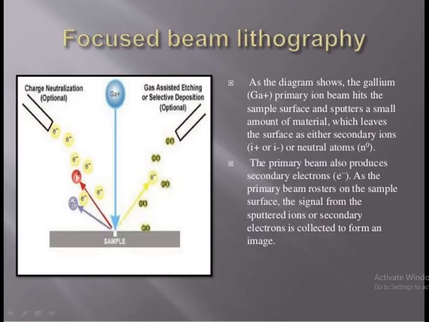Now, what is focused beam lithography? As you see in the diagram, the gallium primary ion beam hits the sample surface and sputters a small amount of material, which leaves the surface as either secondary ions or neutral atoms.